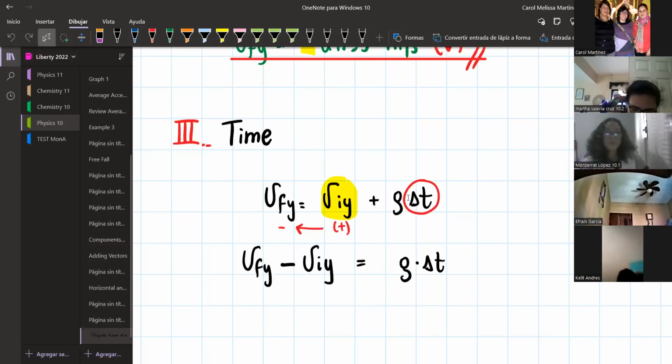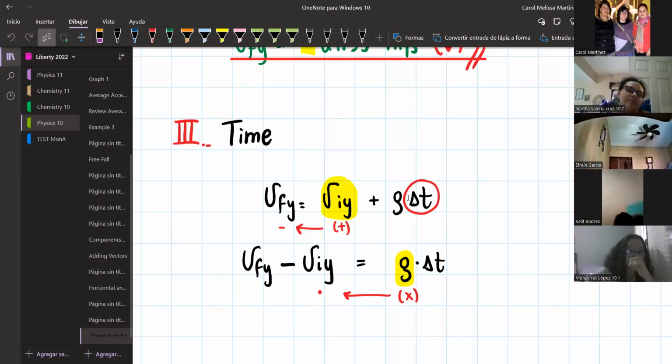And then, remember, I need to leave my time alone. So this gravity is here multiplying the time, so when you isolate, you will send it to the other side of the equation to divide. So in the end, this equation is transformed into final velocity in y minus initial velocity in y, divided by gravity, all equal to delta t.